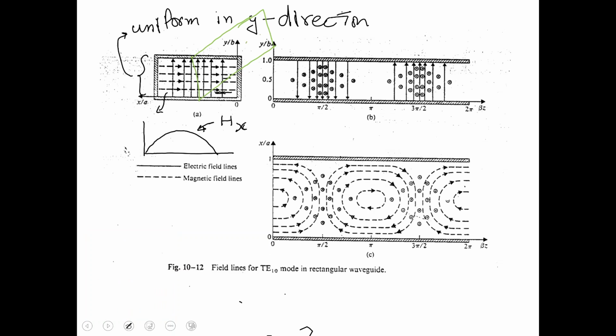So there is Y on the top, there is Z on the side, on that green plane over there. Then what you're going to notice is that the field lines, as they are propagating forward, are propagating as a wave.